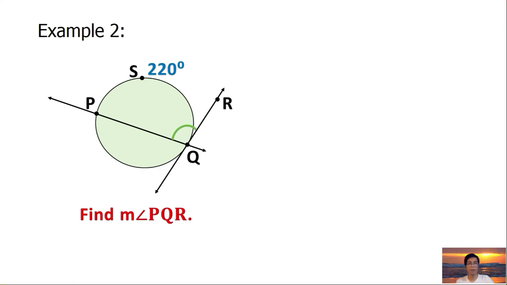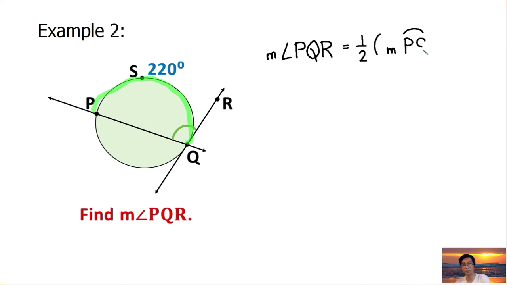So, si PQR, ito siya. Yung intercepted arc niya is arc PSQ, sorry. So, ang formula natin is measure of angle PQR equals 1/2 times the measure of arc PSQ. So, angle lang nawawala.